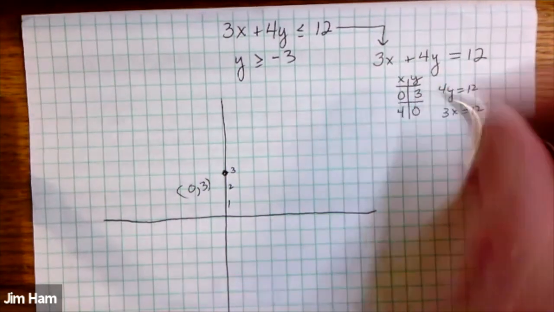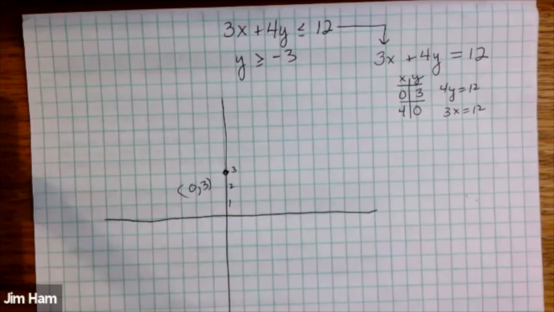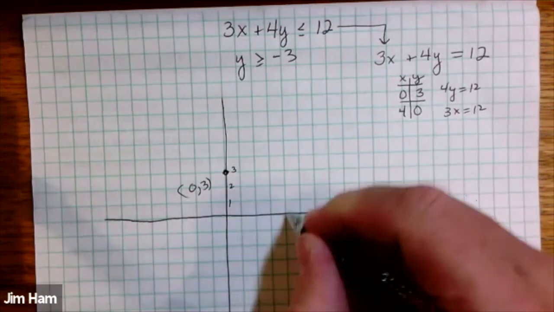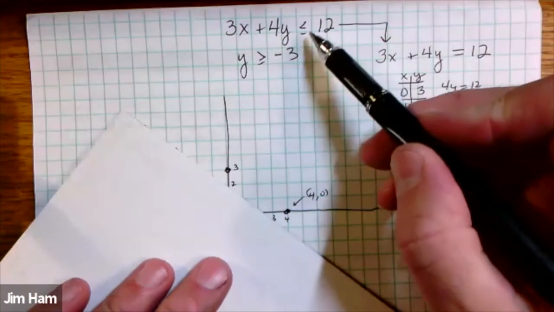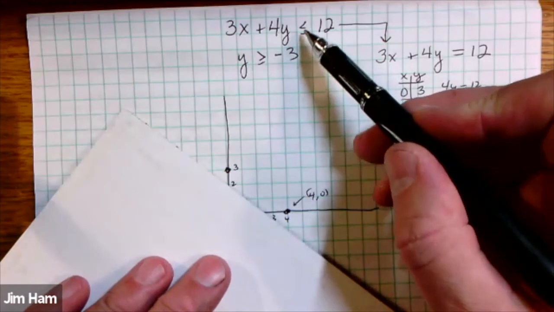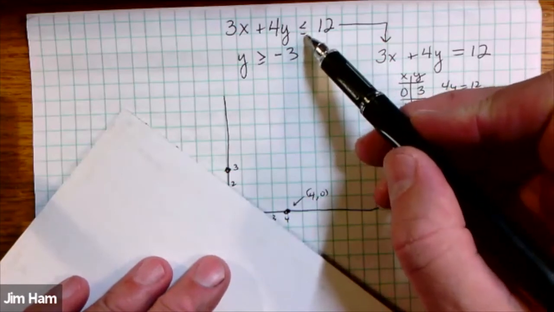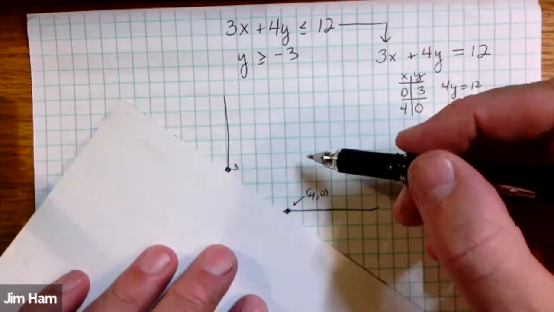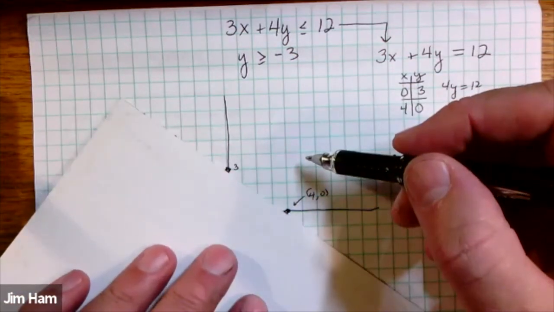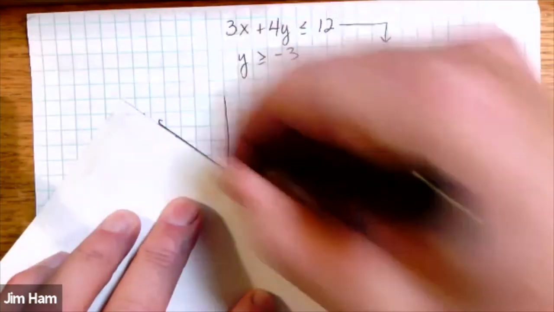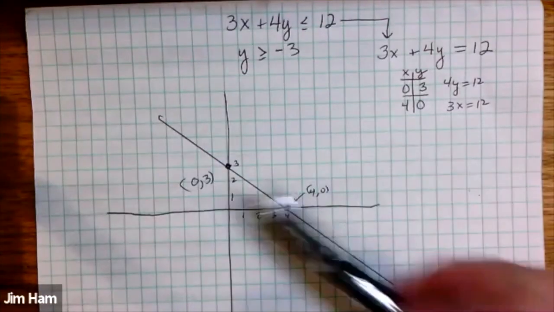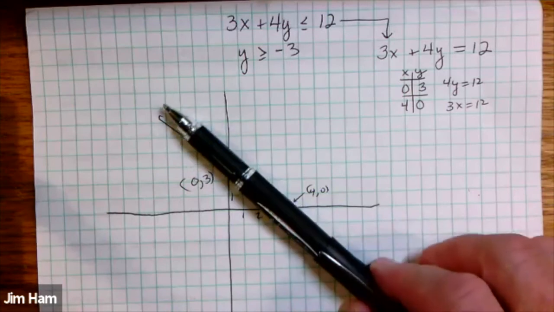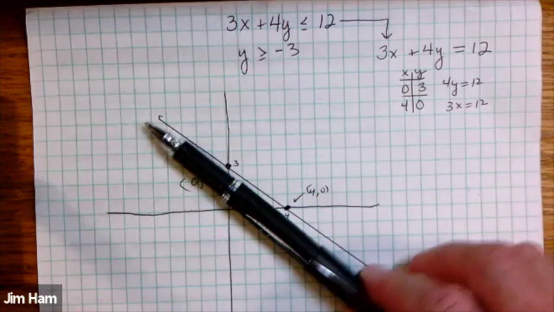Well, x must be 4 in that case. 1, 2, 3, 4. I see I have a less than or equal to sign, so my line is going to be solid. Just line up those points and draw the line. All right, which side of this line is shaded, above or below?